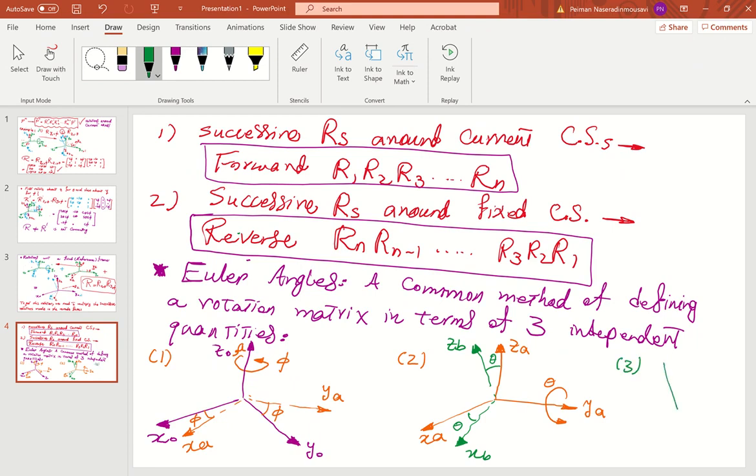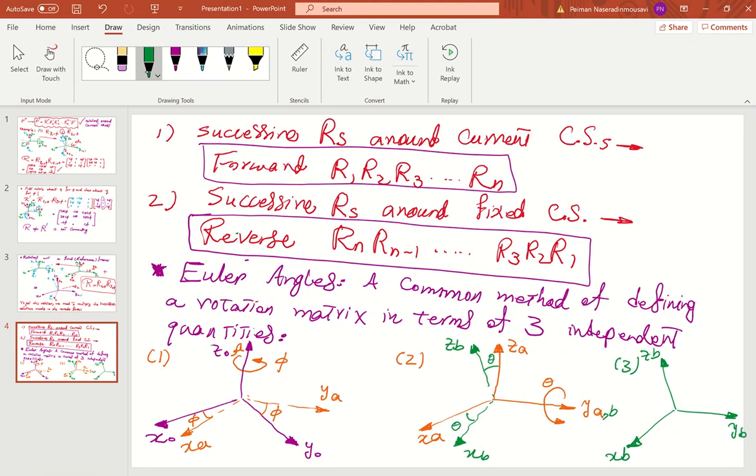Now the third one. If here is zb and here is yb at the same time, and xb, zb, xb, and the yb that we had already.